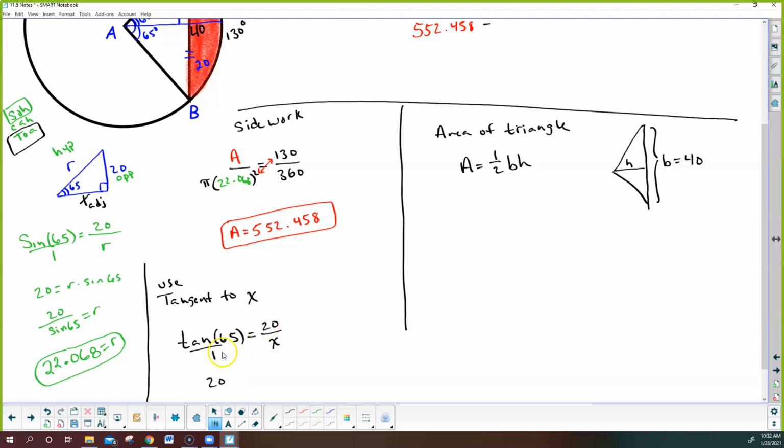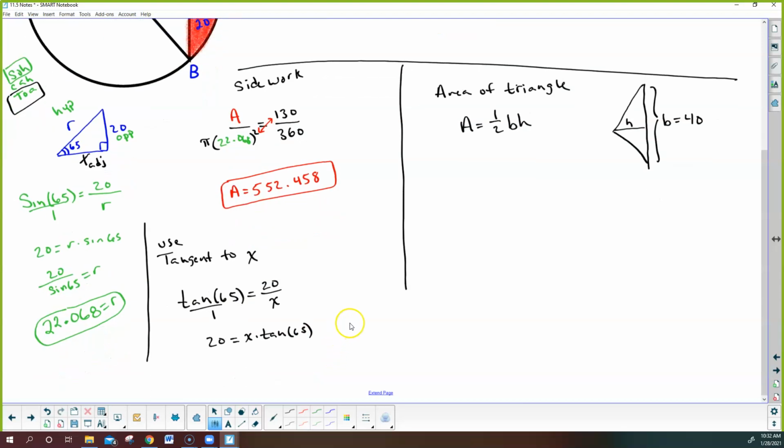So I'll get 20 times 1 equals x times tangent of 65, and then just divide 20 by the tangent of 65. And that will be x, which is the height that we need.